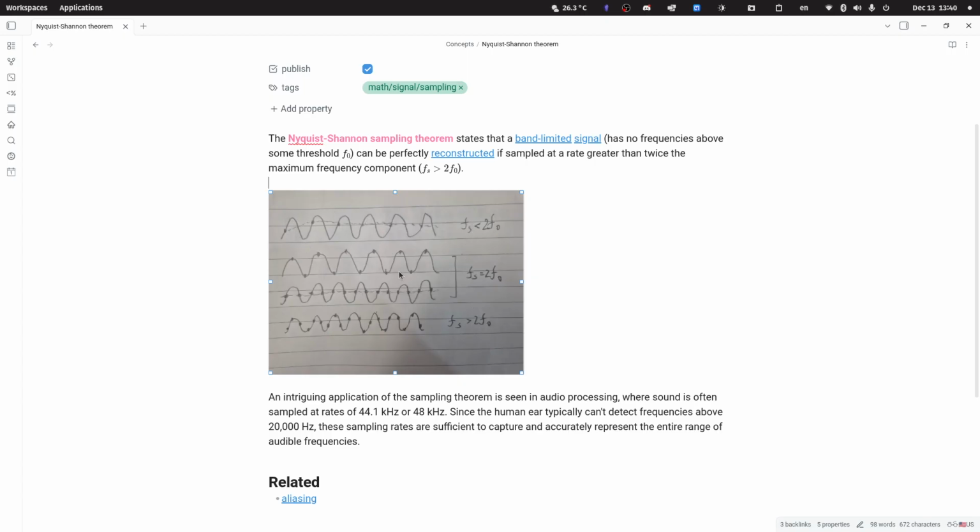But if you have a sampling frequency which is high enough, then this is impossible. You can perfectly reconstruct the original signal. It's a visual demonstration of what's happening.